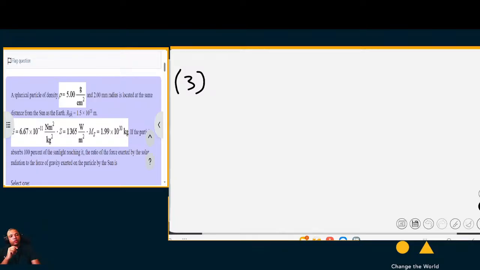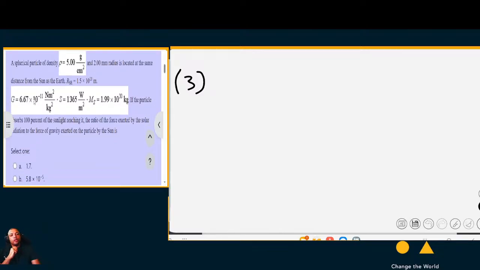It's the same distance from the sun as the Earth, which is 1.5 times 10 to the 11 meters. And then they tell you that the gravitational constant G is equal to 6.67 times 10 to the negative 11 Newton meter squared per kilogram squared.